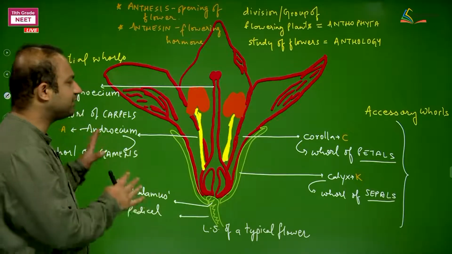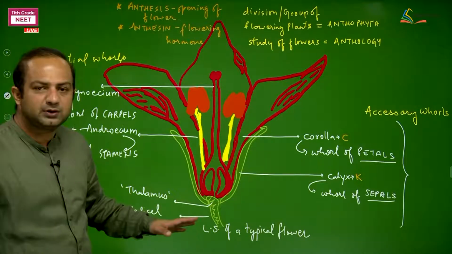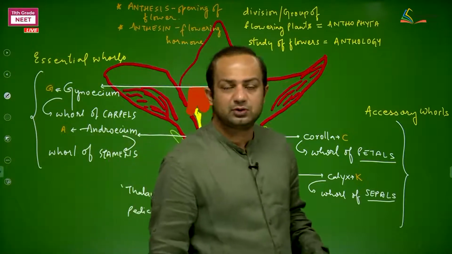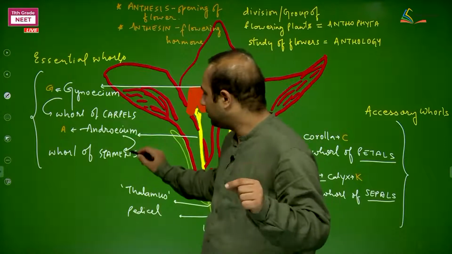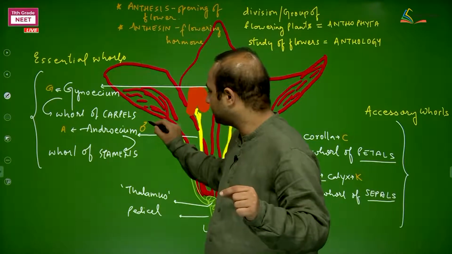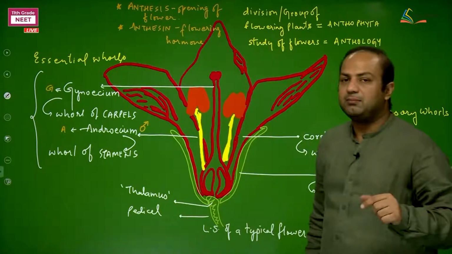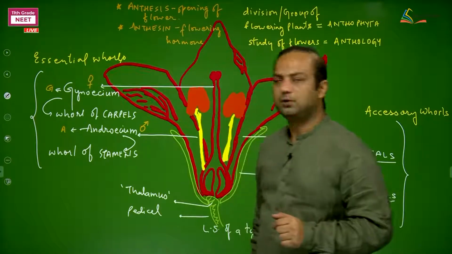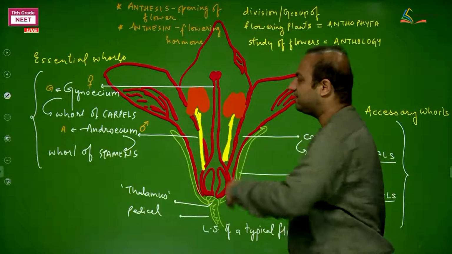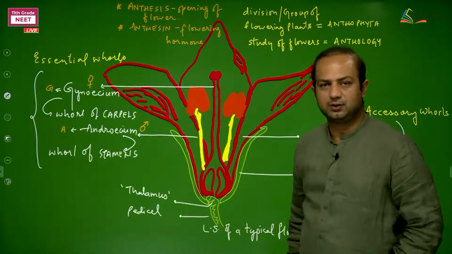So this is a typical flower which has both parts, androecium and gynoecium. Andro means male, so androecium is the male part, and gyne means the female part. Both parts are there, so the flower is bisexual.